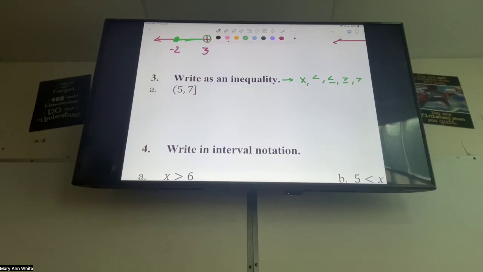Anyone want to broach this one? Who thinks that they can write parentheses 5 to 7 bracket as an inequality? It's my first number I'm going to use. 5. We're going to use that small number first again. Small number first.